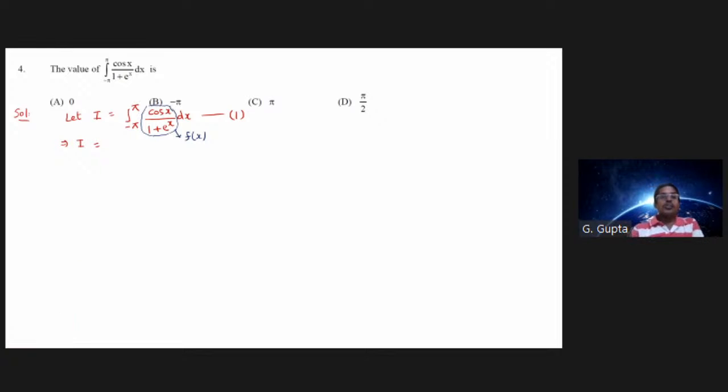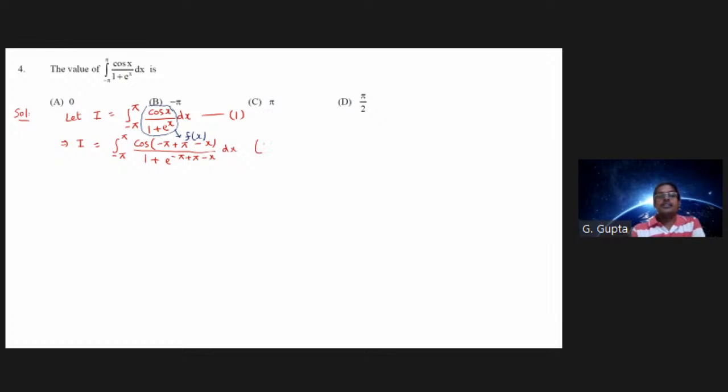So is equal to integral minus pi to pi, wherever x, it should be replaced by a plus b minus x, where a is lower limit minus pi, b is upper limit pi. So minus pi plus pi minus x whole divided by 1 plus e to the power minus pi plus pi minus x dx.